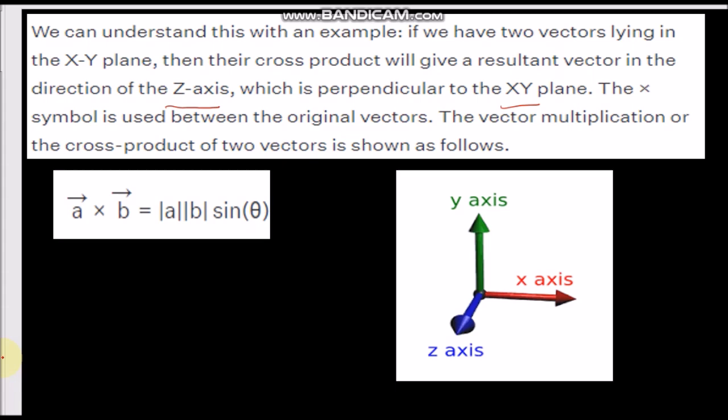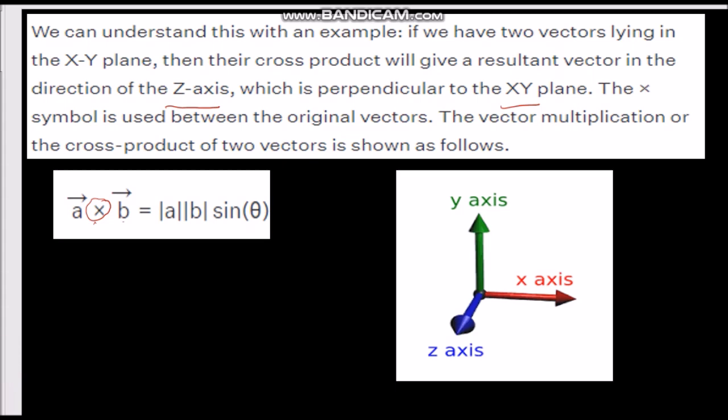The cross symbol is used between the original vectors. The cross product of two vectors is written as a cross b equal to the absolute value of a times the absolute value of b times sine theta.